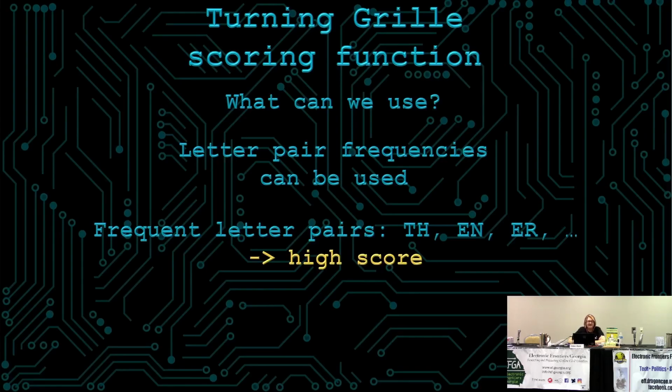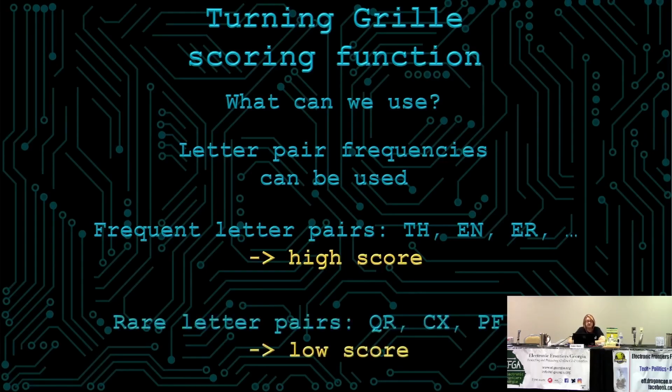So TH, EN, ER. If you run into those, you're probably on the right track. But if you run into something like XQ or QR, you would very rarely ever see that in English. So if we're scoring it, TH, EN, ER are what's called high score letter pairs, and something like QR, CX, PF would be considered low score.